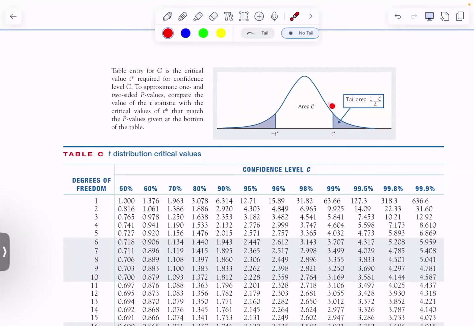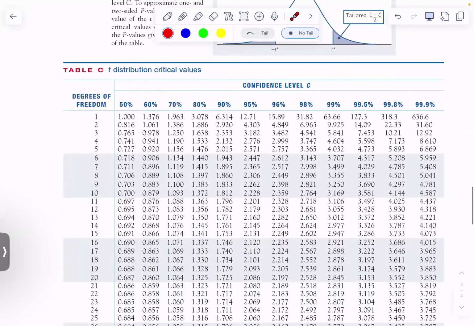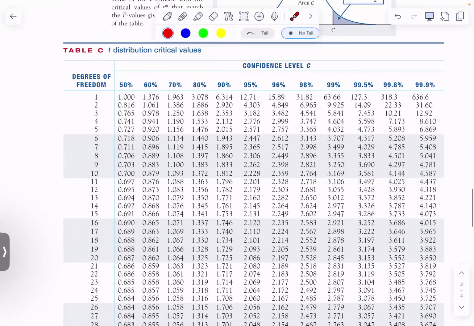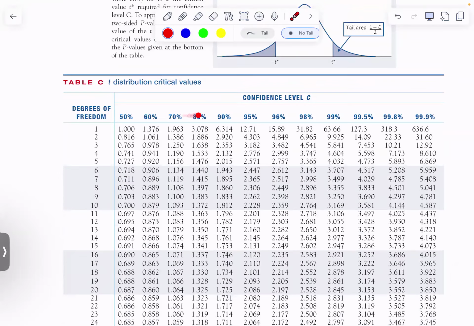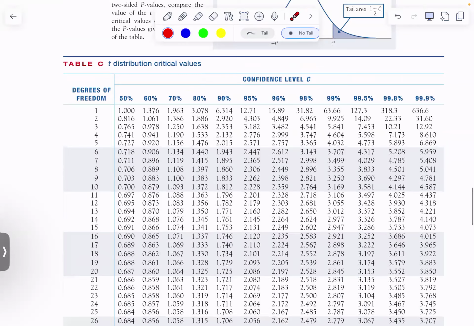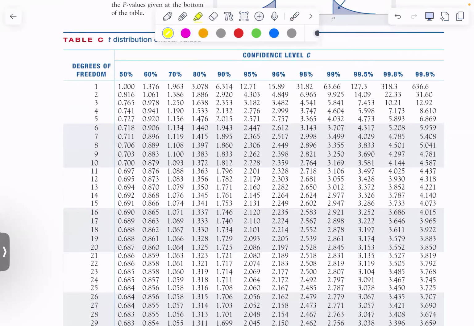Notice that this looks very similar to the distributions that we're used to seeing, right? Now, we do have this very enticing confidence level up at the top. That looks promising, right? Because we know what our Z star should be for a 95% confidence interval, let's confirm.